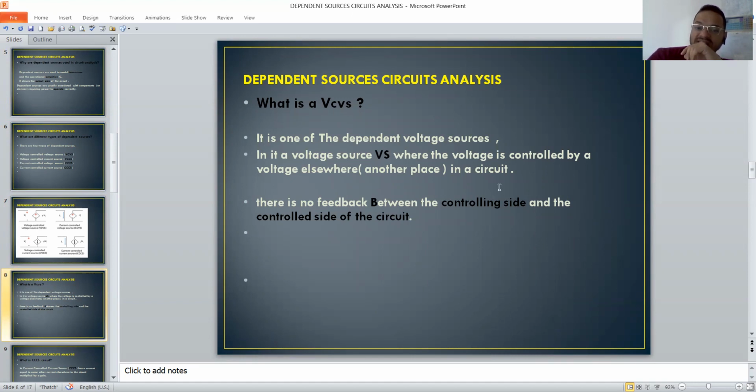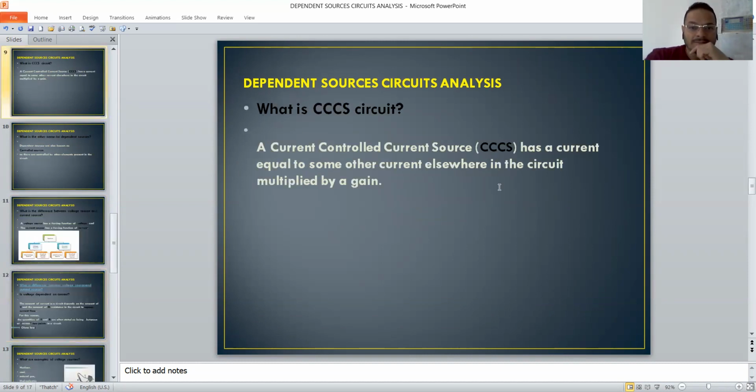There is no feedback between the controlling side and the controlled side of the circuit. These are important points in the VCVS, and like I said before, it belongs to the dependent voltage sources.